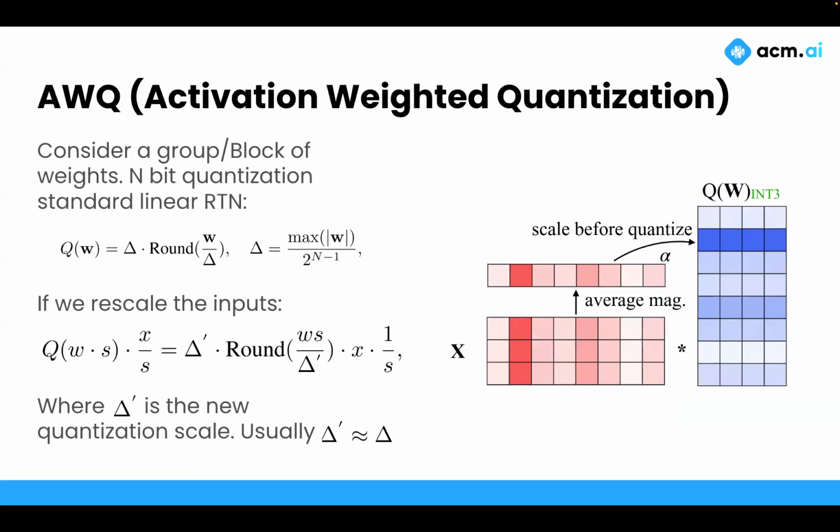This paper, activation-aware weight quantization, does that by scaling the weights and then scaling the inputs to reverse the impact of scaling the weights. Because for some input channels the weights have very high magnitude, it scales those down so that the range is much smaller, which makes quantization easier.